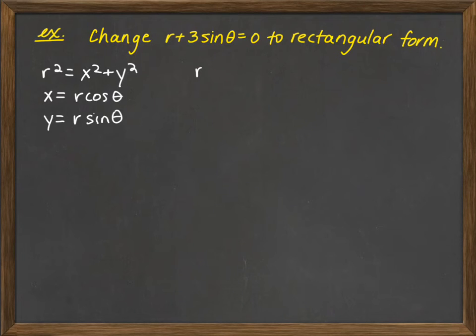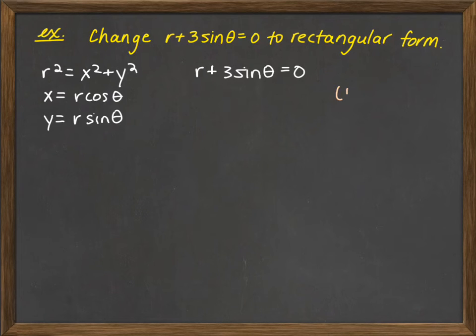So we're starting off with r plus 3 sine of theta equals 0. We don't really have any way to make a direct substitution. We have r, not r squared. We've got sine of theta, not r sine of theta. So what do we do? In this situation, we're going to employ a little trick.